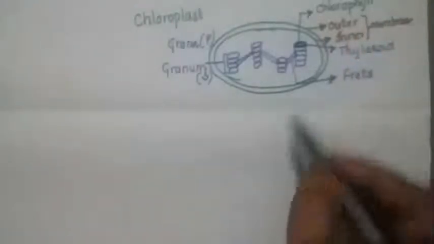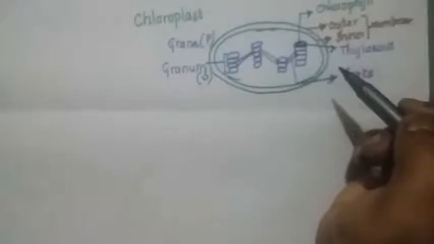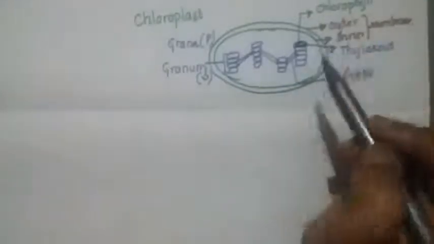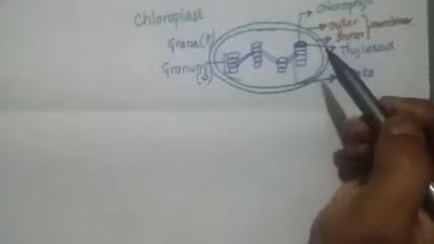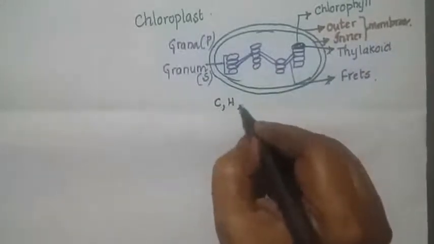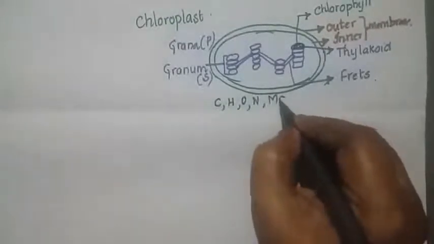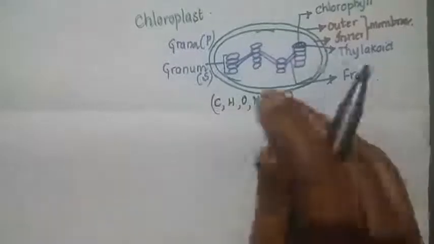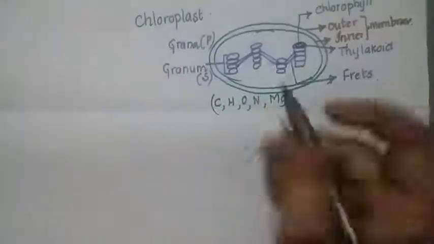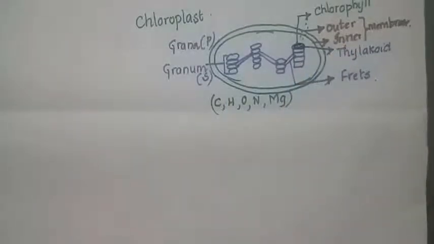Chlorophyll is found in the inner walls of the thylakoid, and this chlorophyll is made up of a number of elements such as carbon, hydrogen, oxygen, nitrogen and magnesium, which makes up a complex structure that traps the sunlight to carry out photosynthesis.